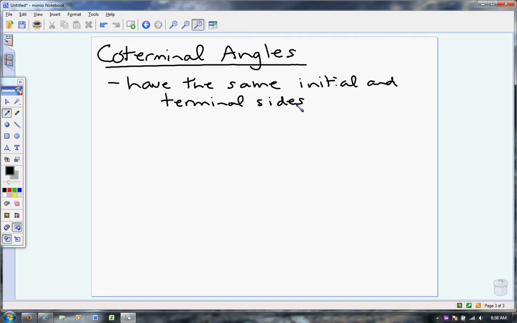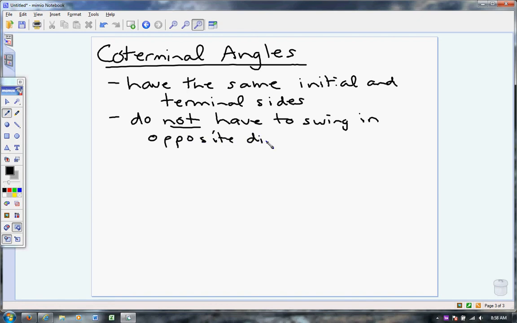All right, they have the same initial and terminal sides, and they do not have to swing in opposite directions. Okay, coterminal angles have the same initial and terminal sides, and they do not have to swing in opposite directions. Let's look at a couple examples of coterminal angles.